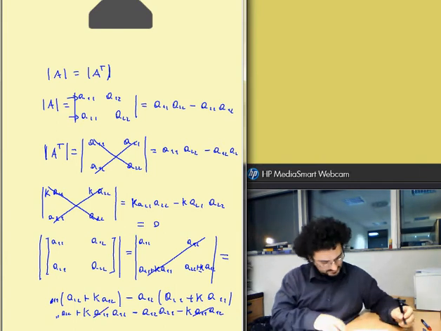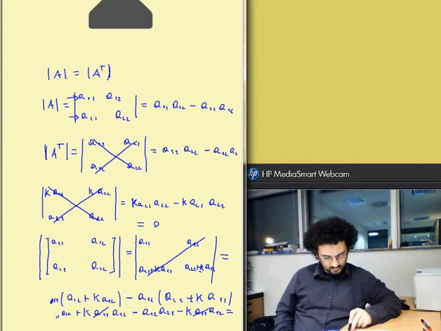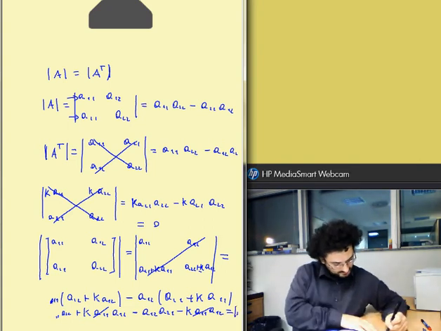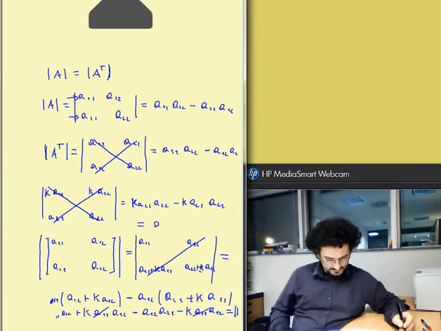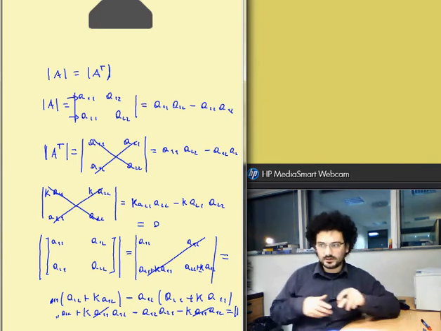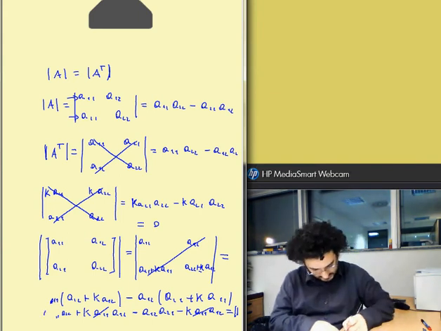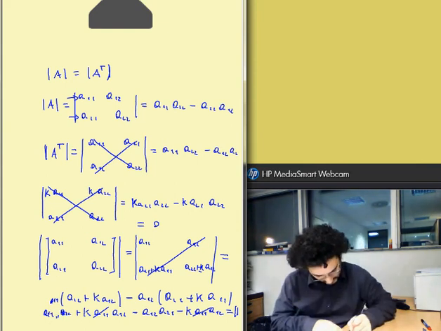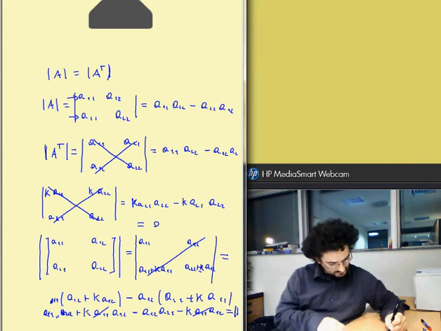This and this give 0, and finally we get A11 A22 minus A12 A21, which is equal to the determinant of A. So our property has been confirmed.